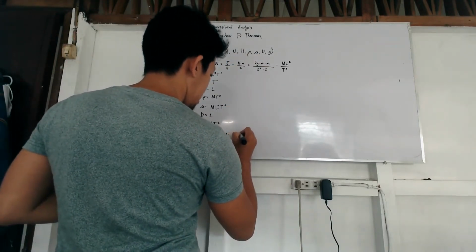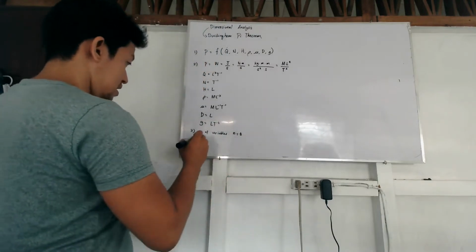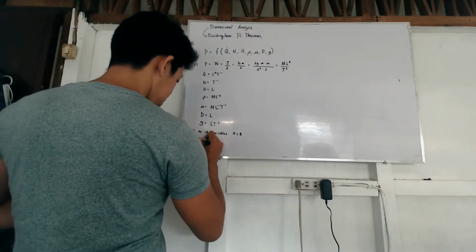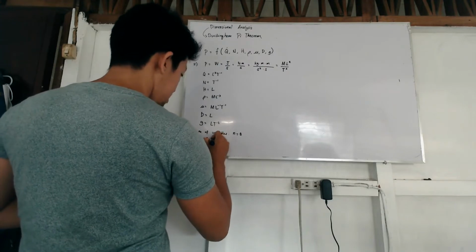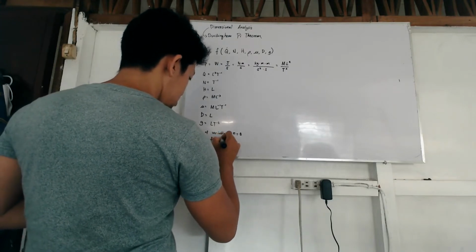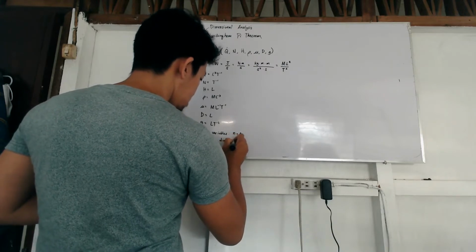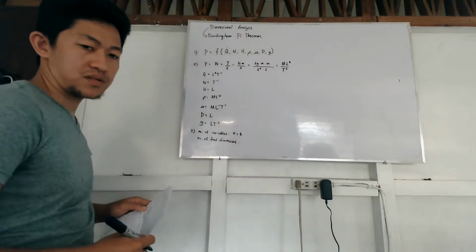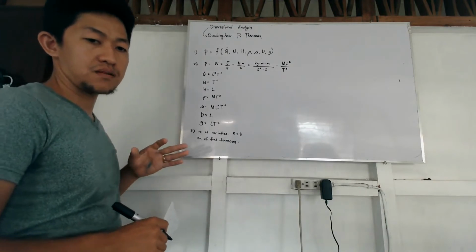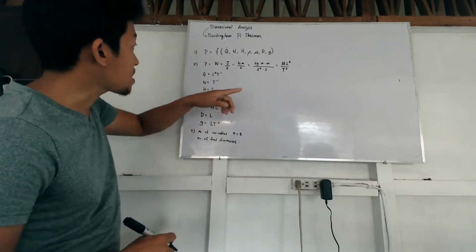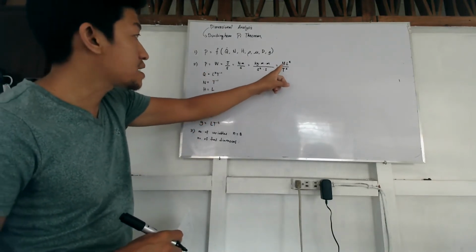So n equals 8. And the number of fundamental dimensions: we can see here that only three are used, mass, length, time.